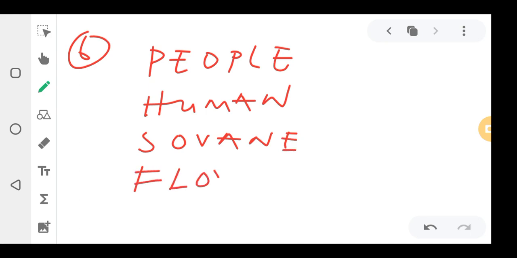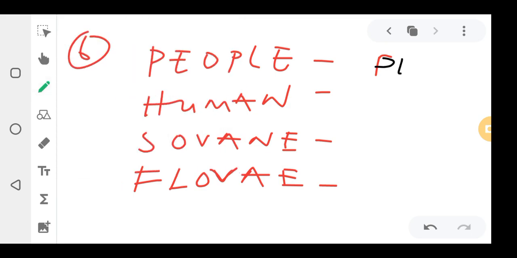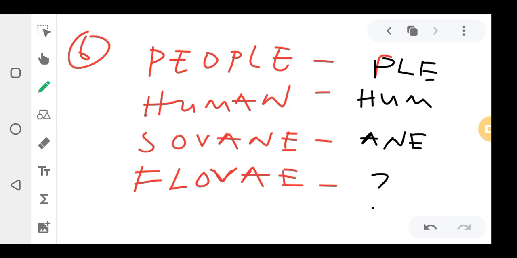We've got V, A, E. The pattern is as follows: P, L, E, H, U, M, Humane. What about this one? So we end here. We can try that one.